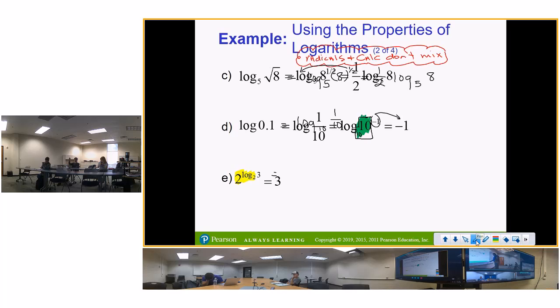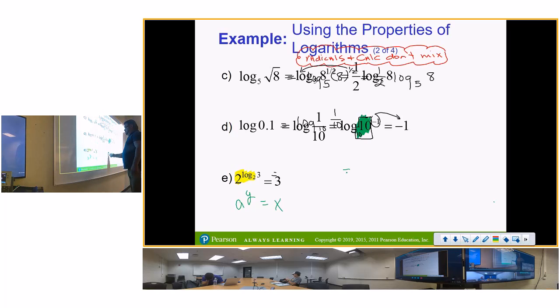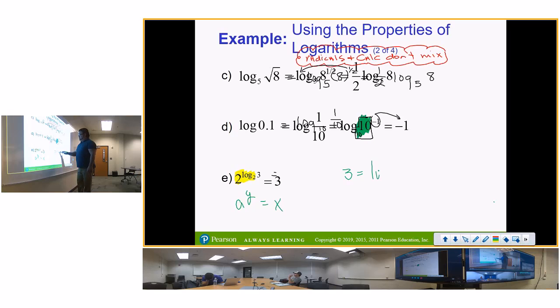So you have a to the y is equal to what? X, right? And now you could say y is equal to what? Log base a, what's my a? 2. Of 2 to the what?